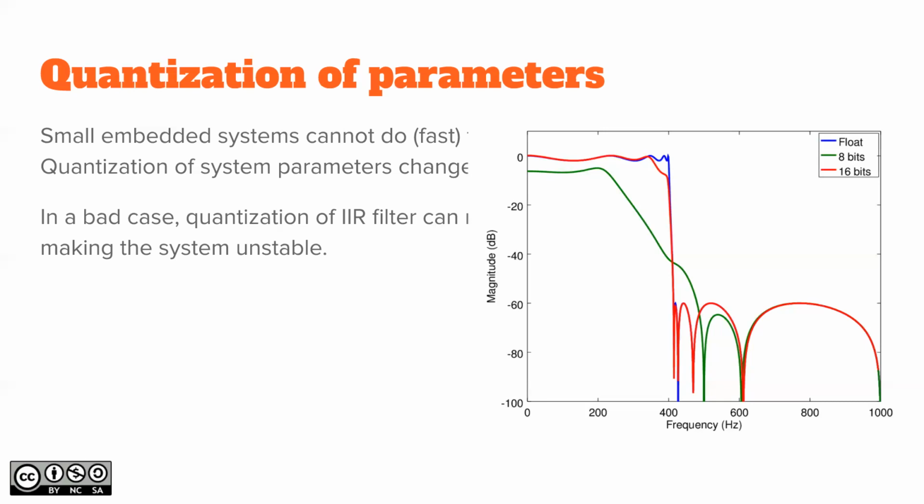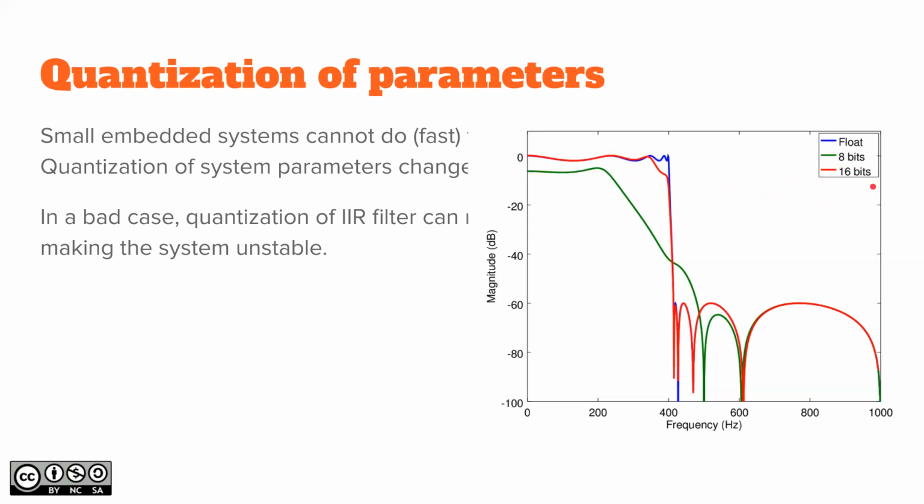That's actually an example of what happens to a filter. That's an infinite impulse response filter, elliptic I would guess, since it has a quite flat response also in the stop band. Floating point arithmetic is the blue line, and then I start rounding the floating point filter coefficients, and this is actually a direct form filter.